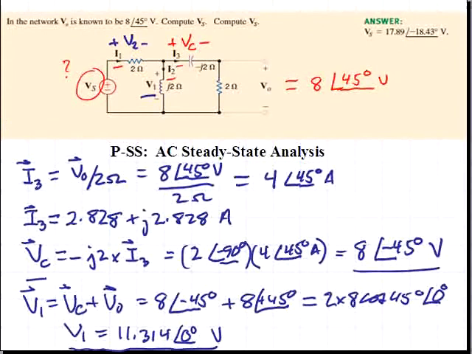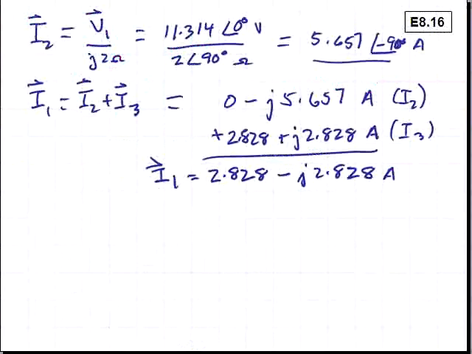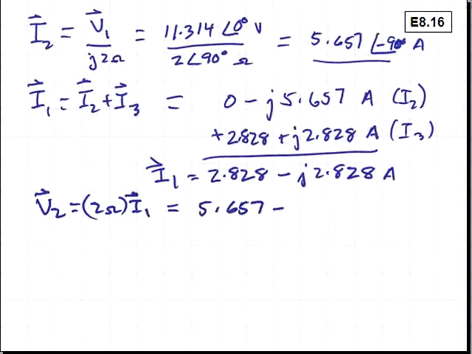We'll call that V2. So V2 is equal to 2 ohms times the I1 current, and this will be 5.657 minus J 5.657 volts.